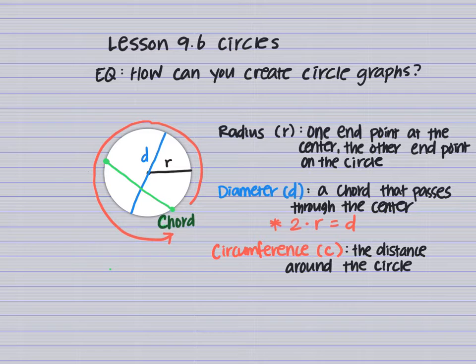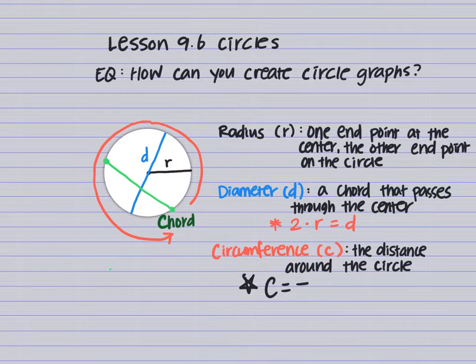Now, it's important to know the circumference formula, because we have to use this for this lesson. So the formula is going to be important. C is represented for circumference, and we're going to use two different equations. You can use either or depending on the information that you have.